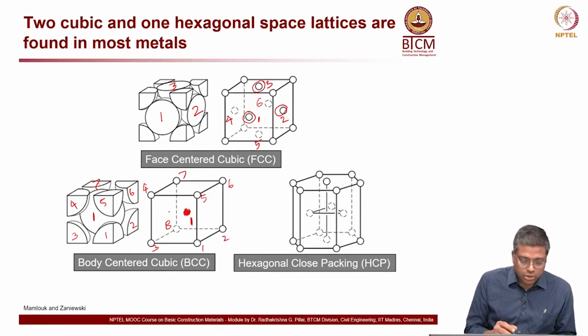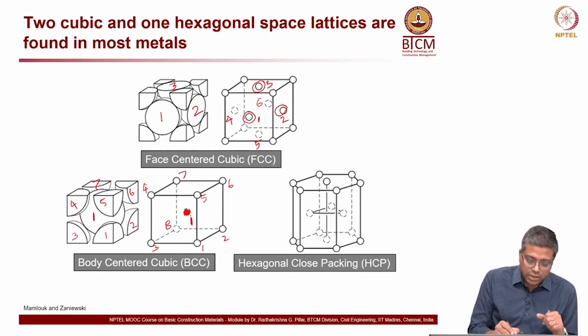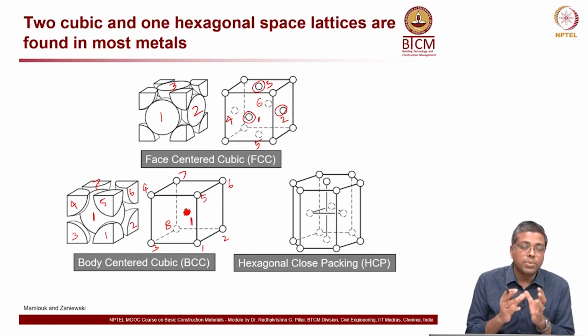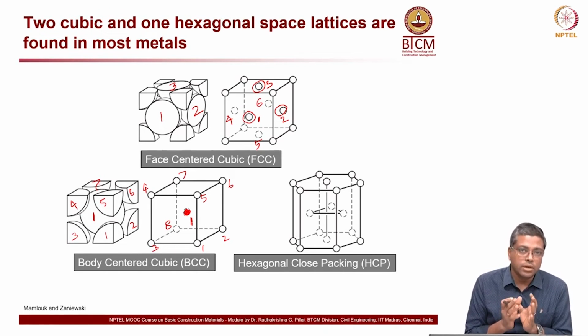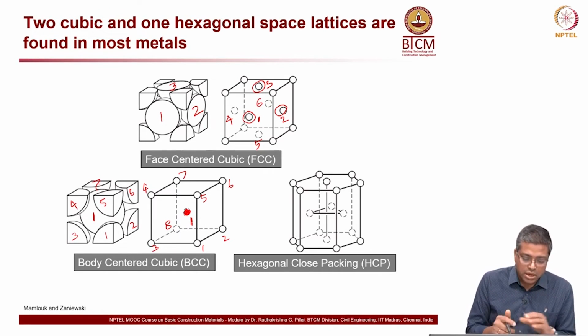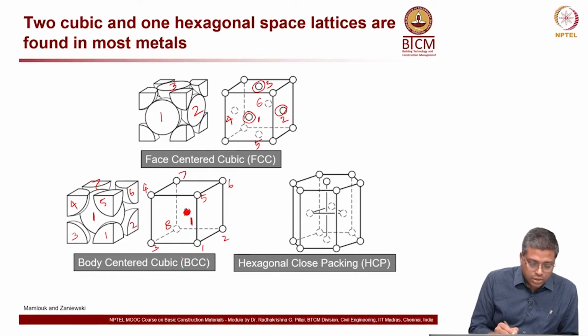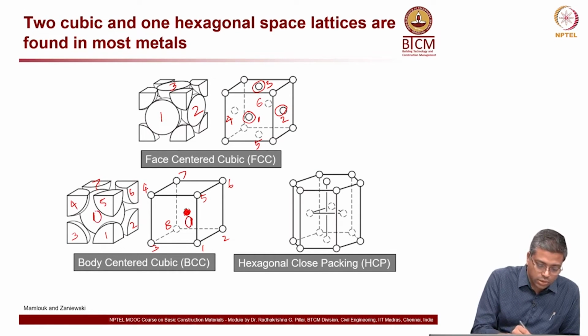Now, one thing to note here is only this number 1 atom is completely occupied within the body centered cubic structure, whereas I made a little mistake here. So, it is okay. I am going to call this one as 0, so that it need not be written again.